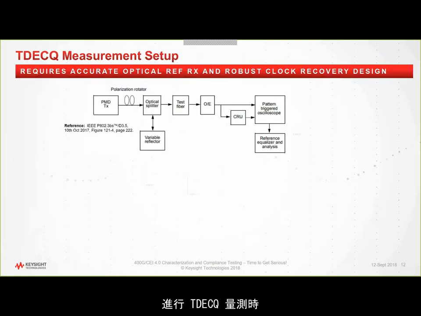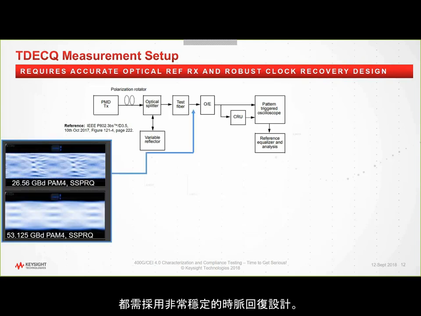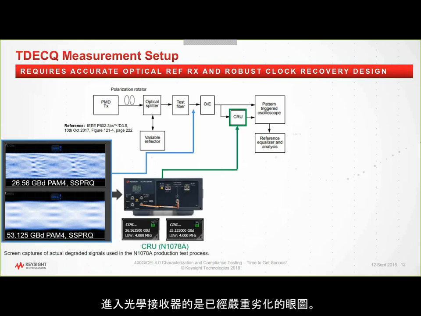When you're making TDECQ measurements, it requires a very accurate optical reference receiver and a very robust clock recovery design, whether it's in software or hardware. Imagine what's going in after going through a test fiber: what's going into your optical receiver is a very degraded eye. It's incumbent upon your clock recovery unit, or CRU, to recover a clock to trigger the oscilloscope.